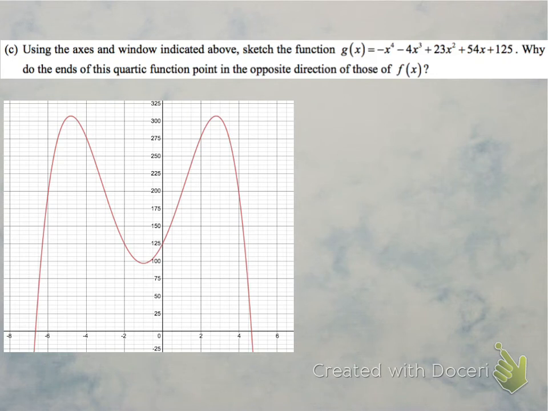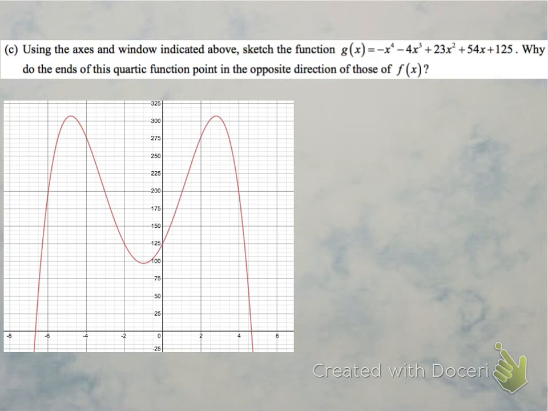All right, using the axes and window indicated above, sketch the function g of x equal to negative x to the fourth minus 4x cubed plus 23x squared plus 54x plus 125. Why do the ends of this quartic function point in the opposite direction of those of f of x?